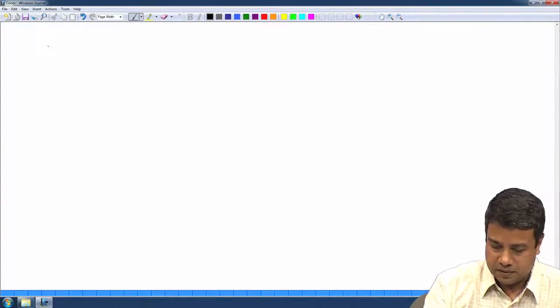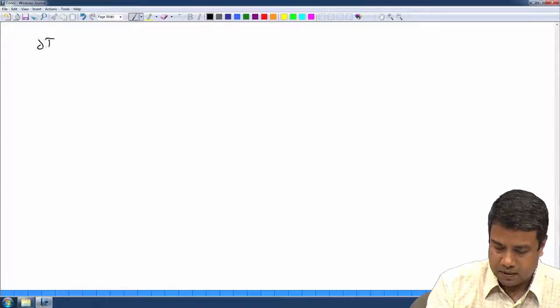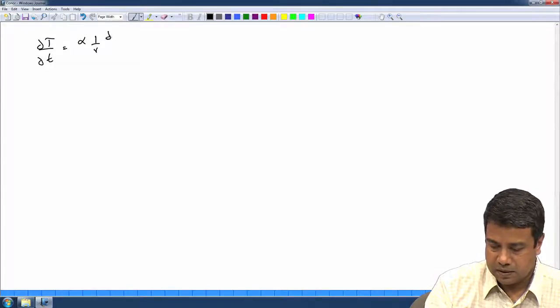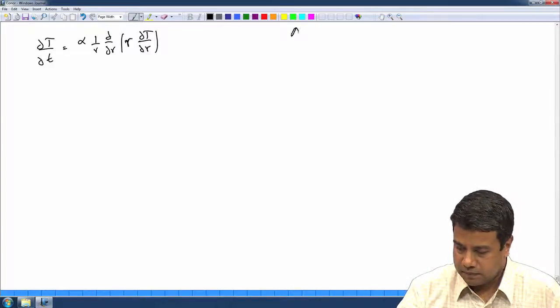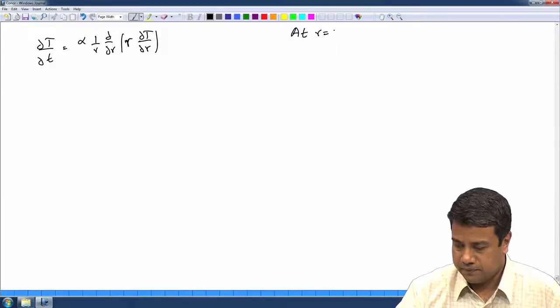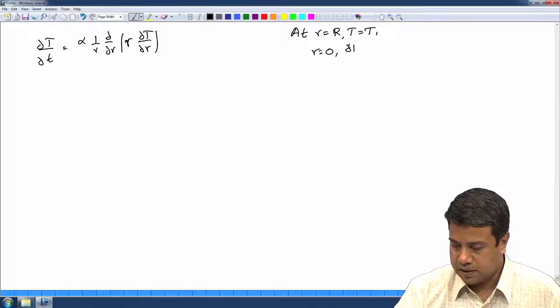So, my differential equation is partial T by partial t is equal to alpha times 1 by r times the derivative of r partial T by partial r. At r is equal to R, T is equal to T1; at r is equal to 0, partial T by partial r is equal to 0.